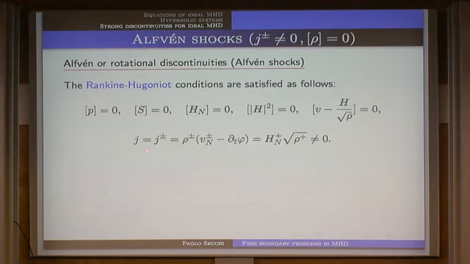J, the flux, is defined in this way, can be computed, and it is precisely this quantity. So rho is continuous and Hn is continuous, and they are different from zero, because J is different from zero by assumption. And so rho plus is different from zero, Hn is different from zero, even if rho is continuous across the front.